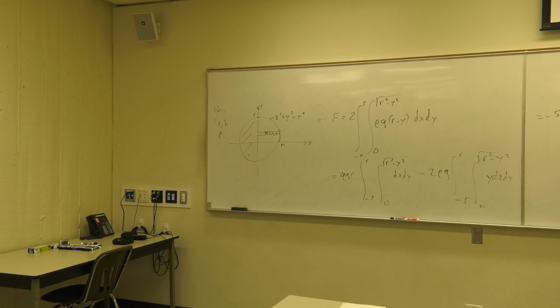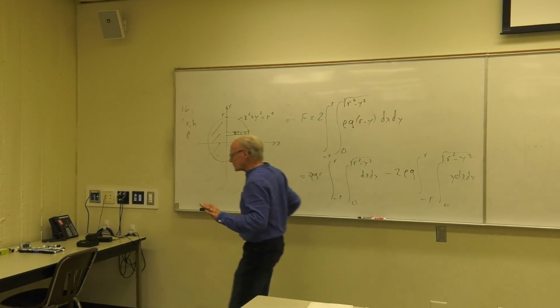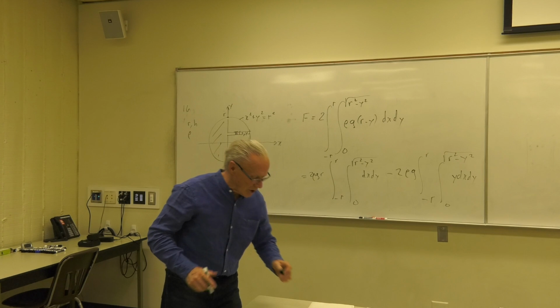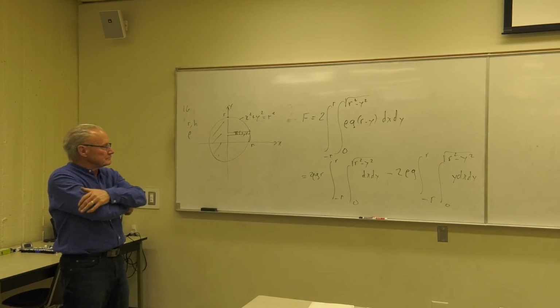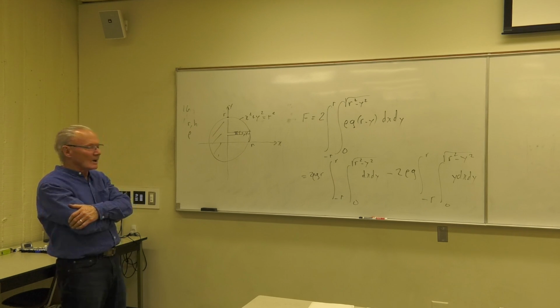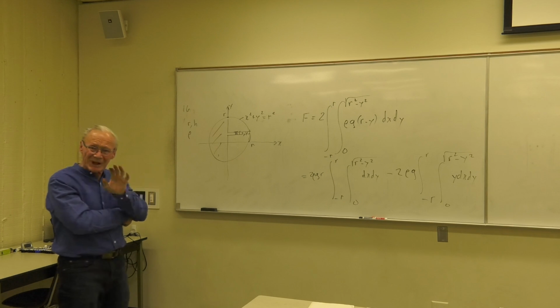Look at those. I want you to tell me how to evaluate the first one with no integration whatsoever. Tell me what the answer is with no integration at all. Think about what that double iterated integral represents.